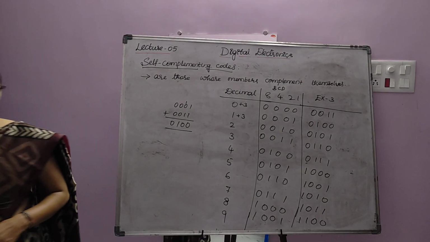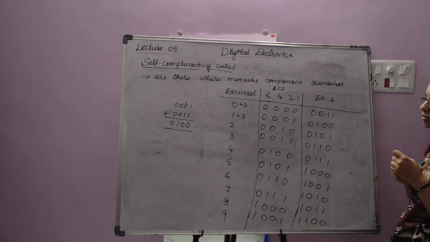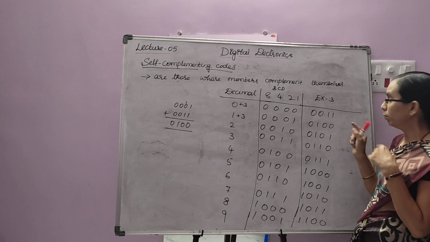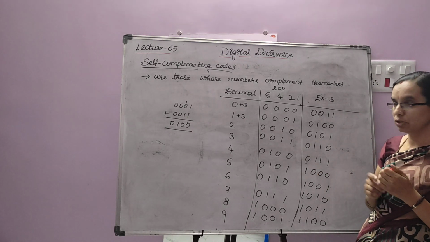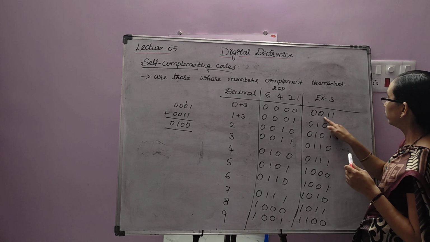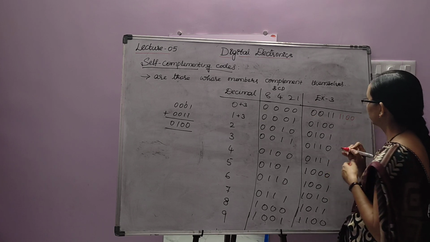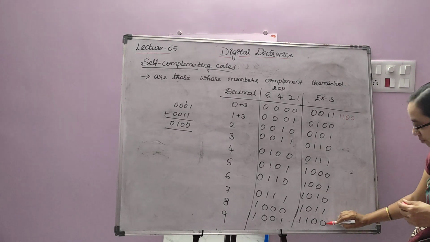Now we will see the self-complementing property of this. If it is a self-complementing code, the complement of a code word is obtained by interchanging ones and zeros. The complement of 0011 is 1100, which is there in the code itself.